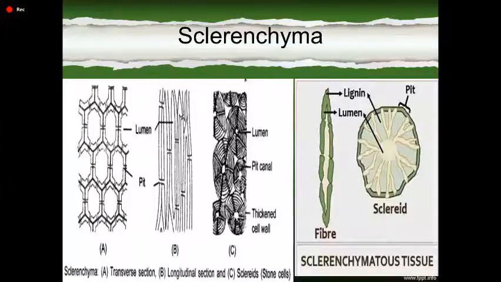But if you see it very carefully, there is hardly any intercellular space left, children. The thickenings are so huge that there is hardly any space in between the cells. Within the cell it is left, and the cells behave as dead tissues consequently.